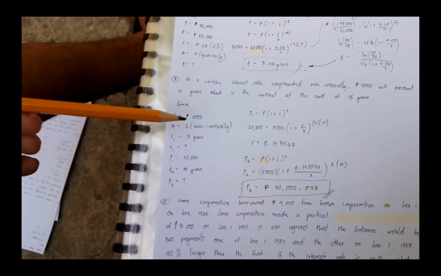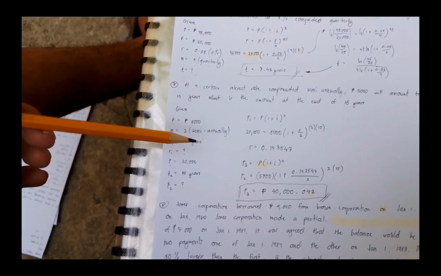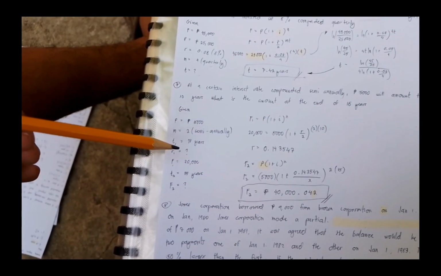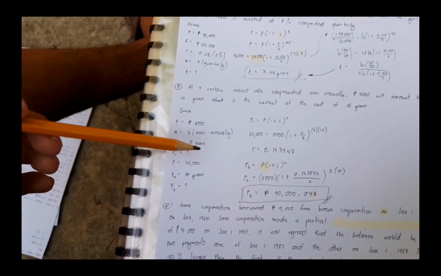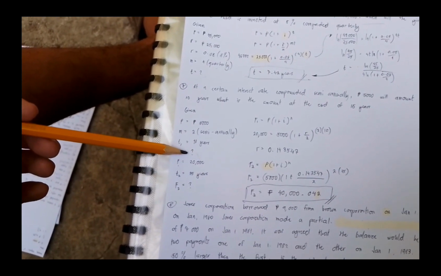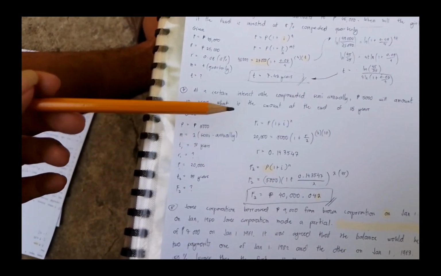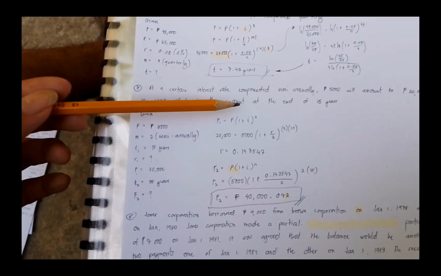Then T1 is 10 years, and R, our nominal rate, is missing. The second time is 15 years and future value 1 is 20,000 pesos. So simply substitute.